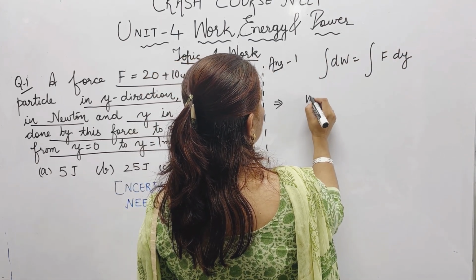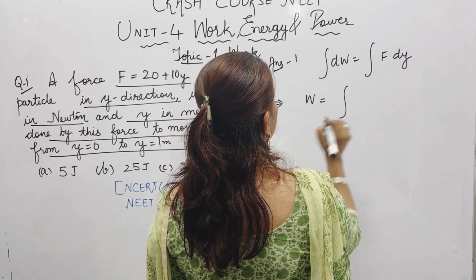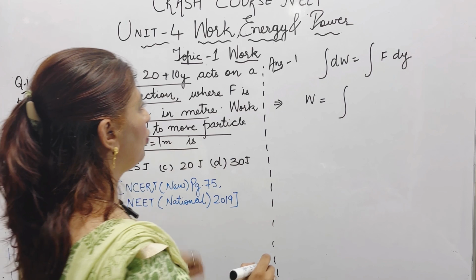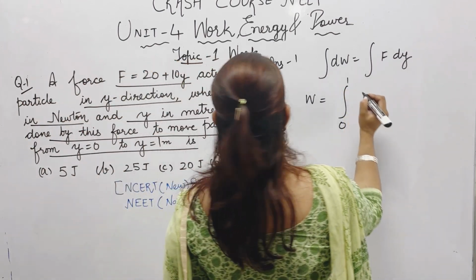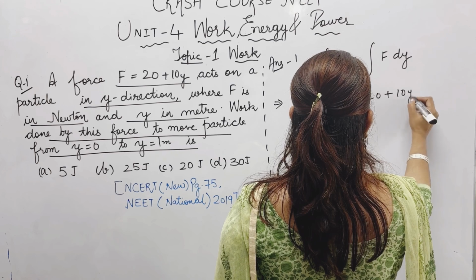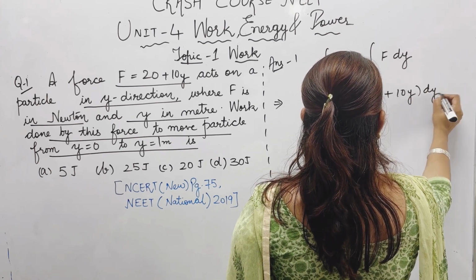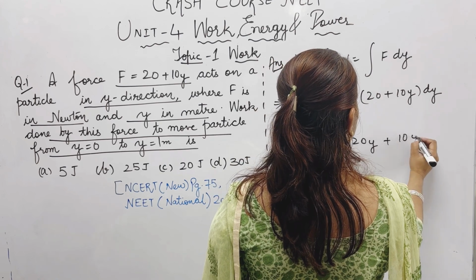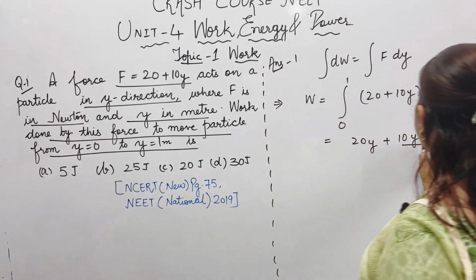Integrating will get the total work done, and the limits of the integration is from 0 to 1. The force is 20 plus 10y. So this is 20y plus 10y square by 2.